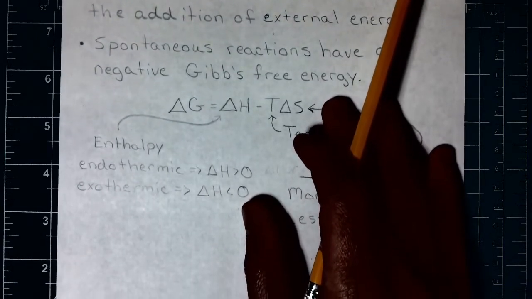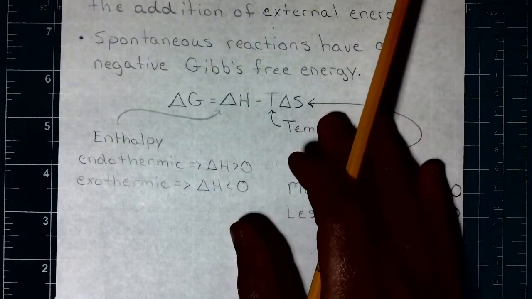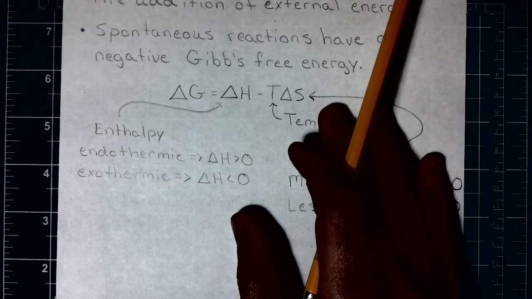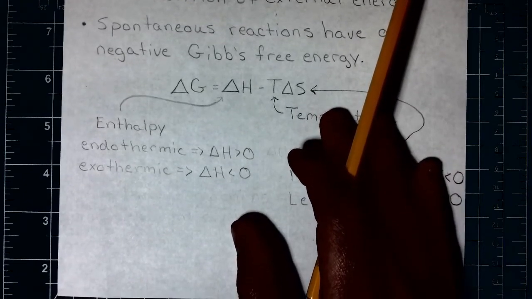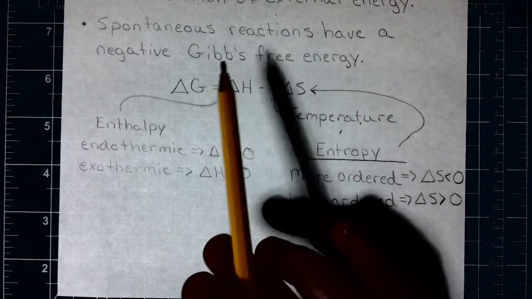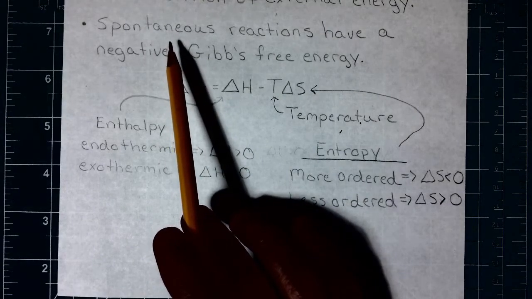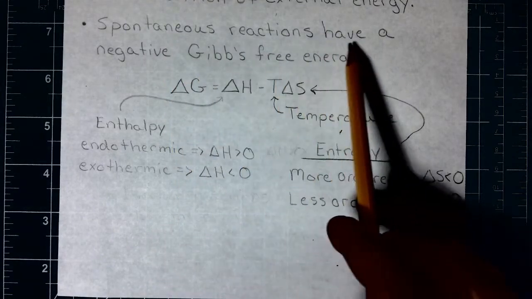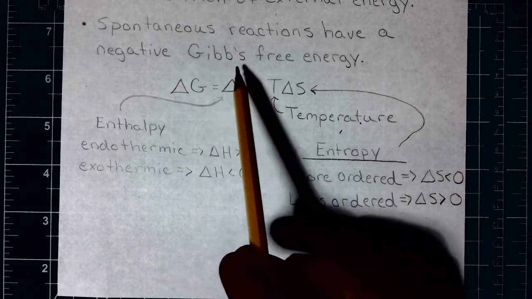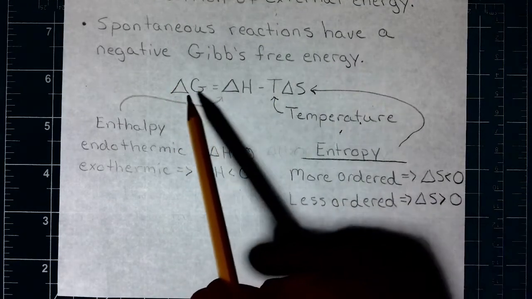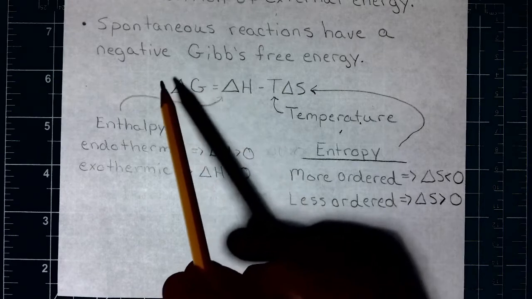And this next step is going to go a little bit further than what our reading does, but I think that it's useful to really explain the idea behind the solution. And that is that spontaneous reactions have a negative Gibbs free energy, this delta G right here.